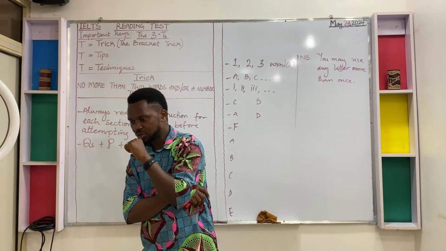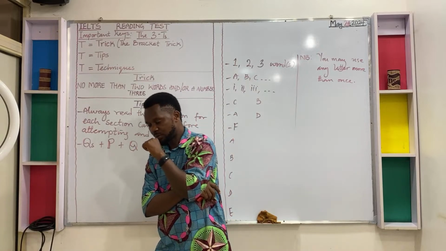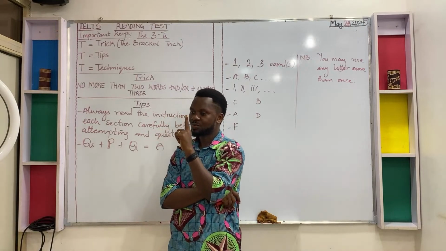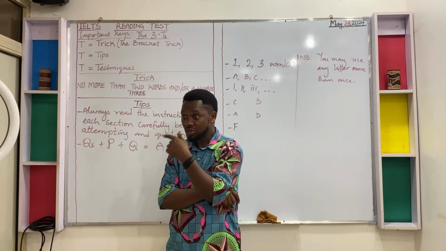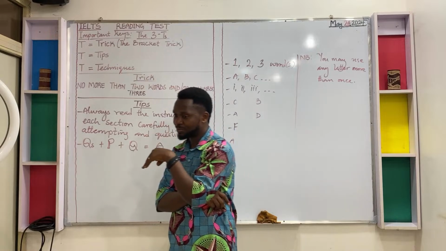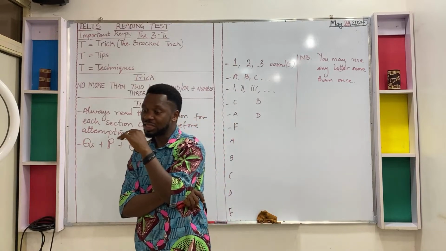This time around, you are not going to read the whole questions like you did previously. You are now taking one question at a go. So you read question 1, maybe twice or thrice to ensure you've understood it. Then you go to the passage. You are no longer going to read the whole passage.